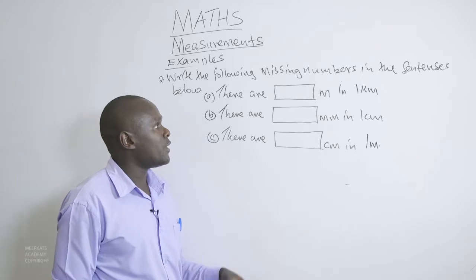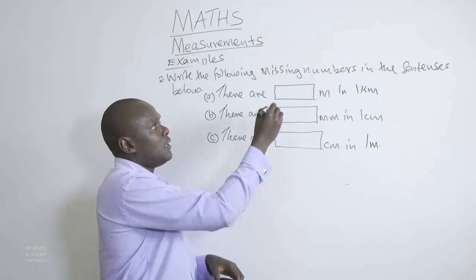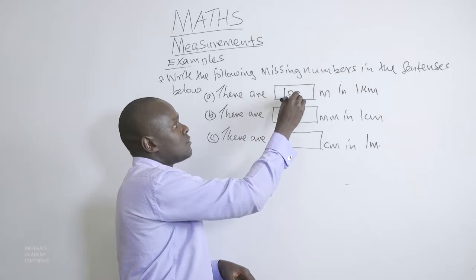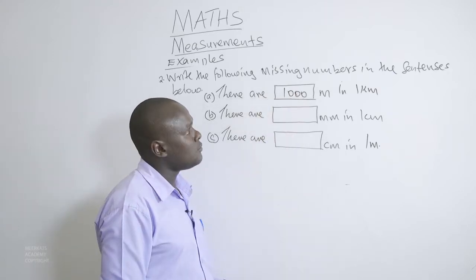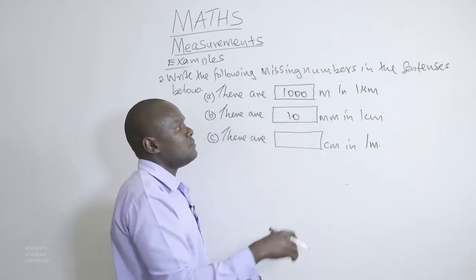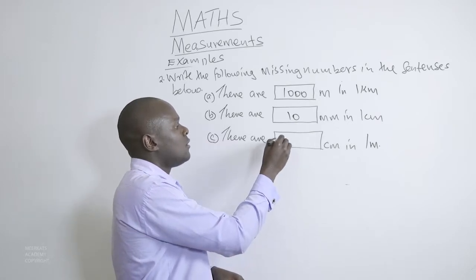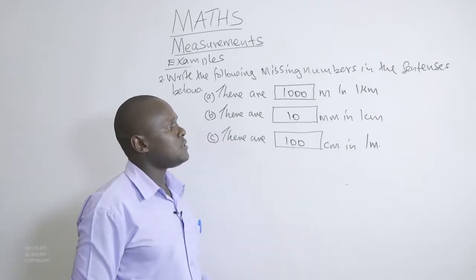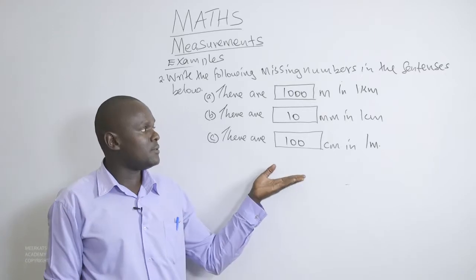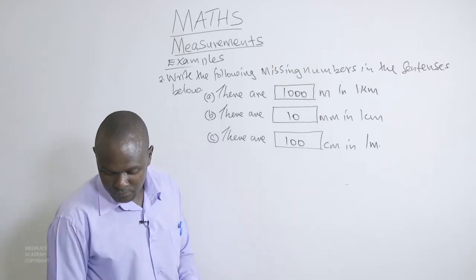We have already looked at this, and we have said that there are 1,000 meters in 1 kilometer. We have also said that we have 10 millimeters in 1 centimeter, and we have 100 centimeters in 1 meter. These are simple things that we have already looked at.